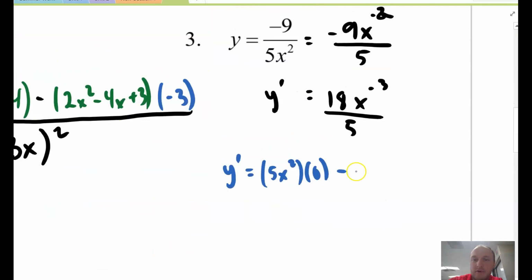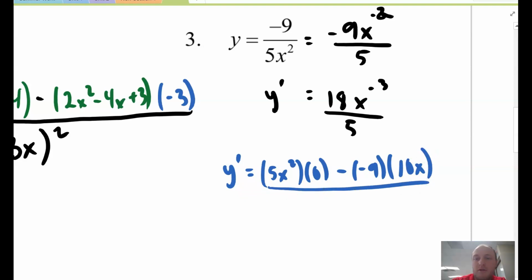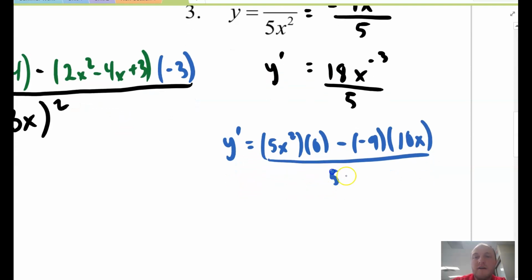The top, -9, times the derivative of the bottom, which is 10x, all over the bottom squared, so 5x squared.